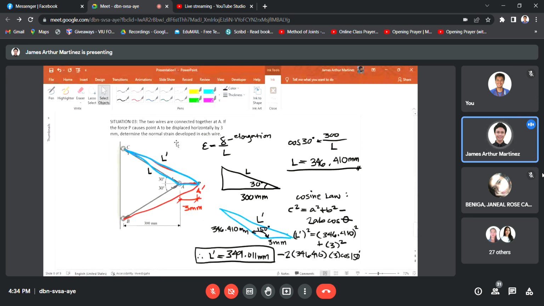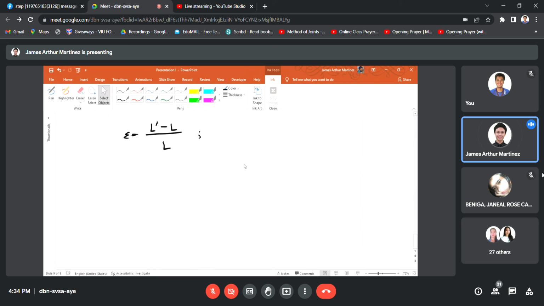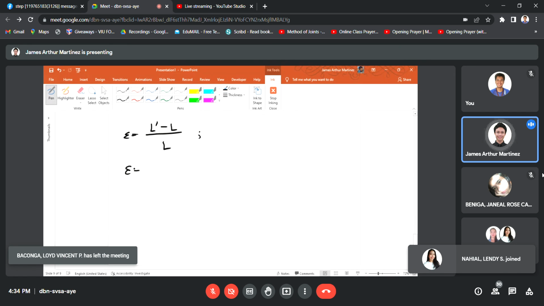Our elongation here only refers to the elongated part, not the total length of the member when it elongates. It is just the expanded part. That is why we subtract the original length to compute for the elongated part of the wire.